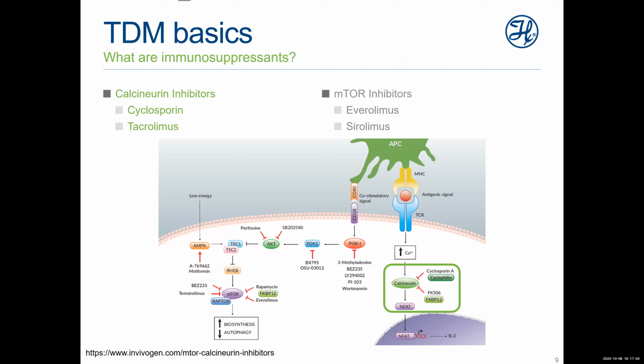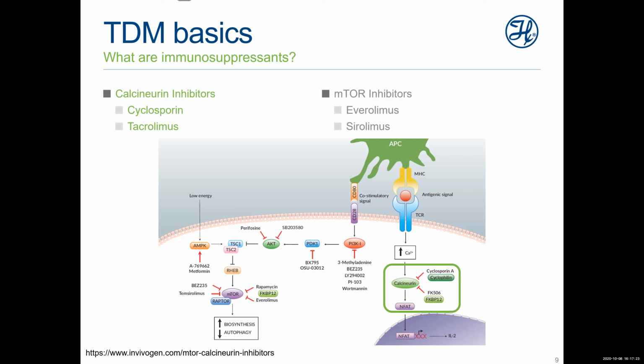Okay, so just as an example for this session, we are using immunosuppressants as an example of TDM. So we can monitor with TDM the main immunosuppressants used in transplant patients.